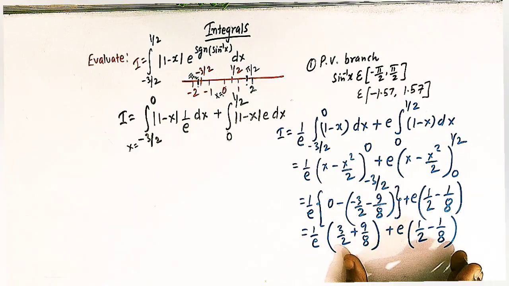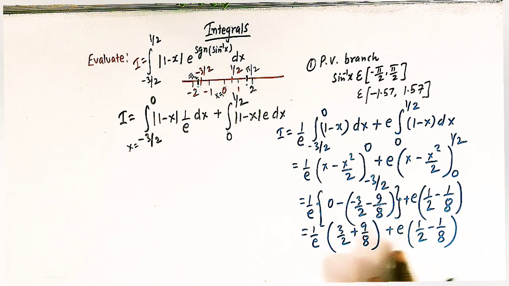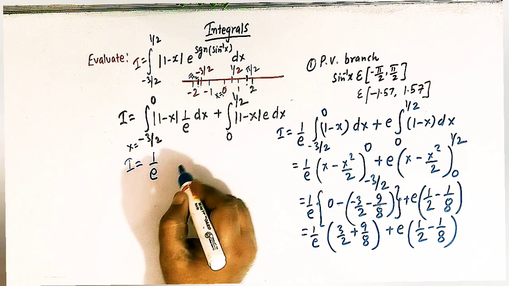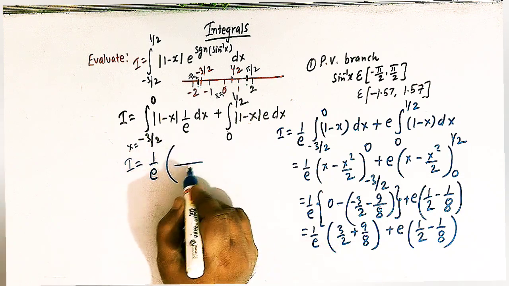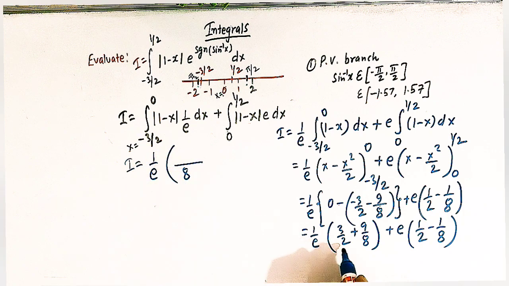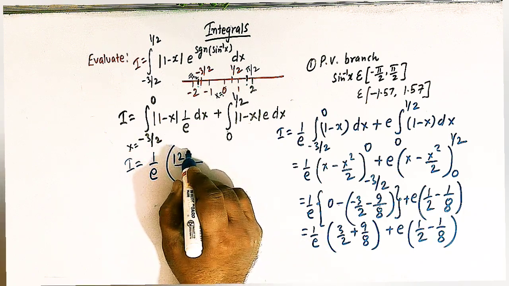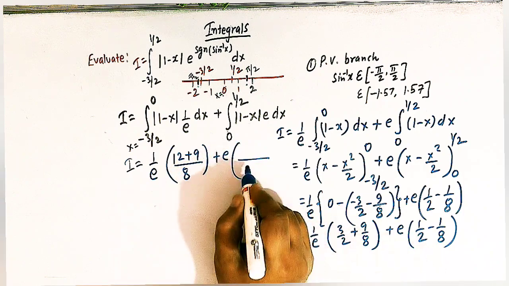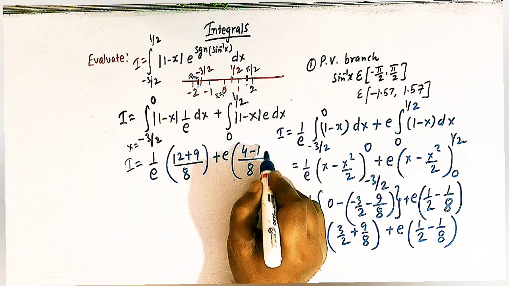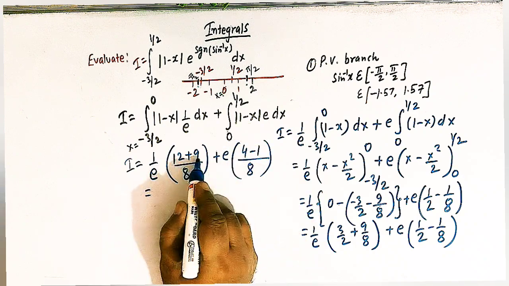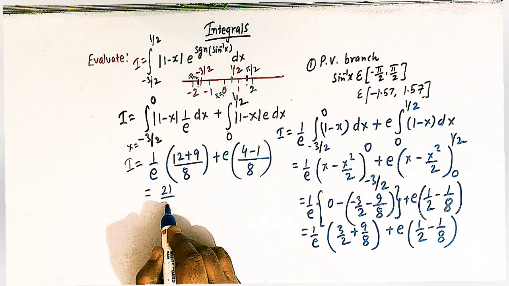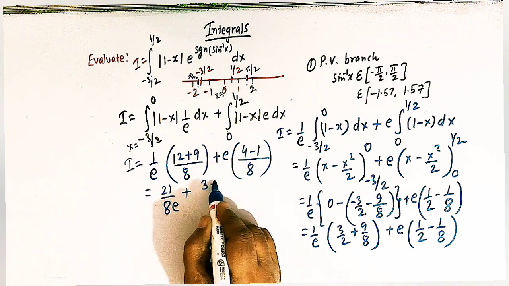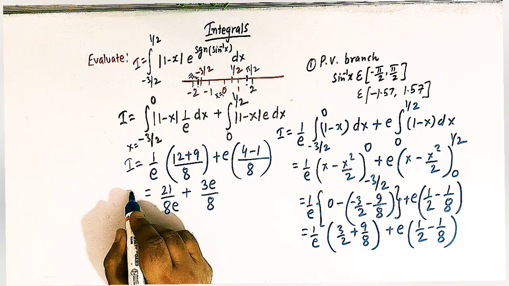Taking the LCM as 8, we have 12 plus 9 in the first, and 4 minus 1 in the second. So this is 21 over 8e plus 3e over 8.